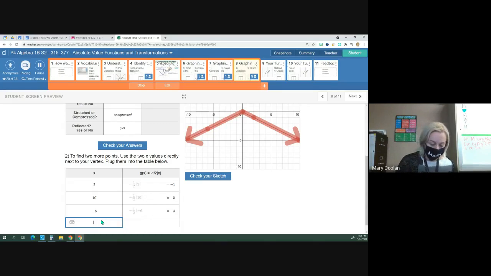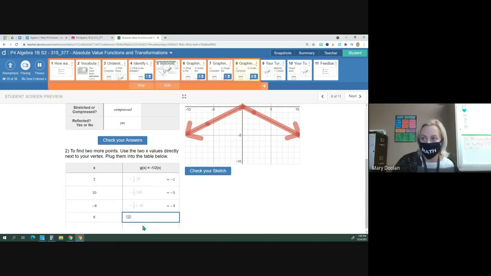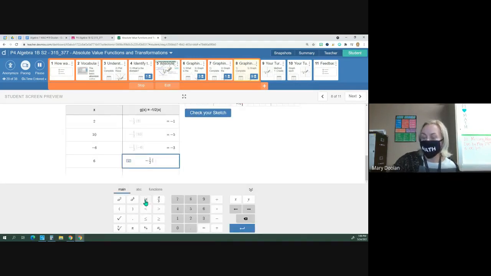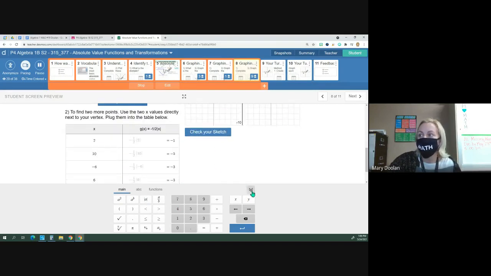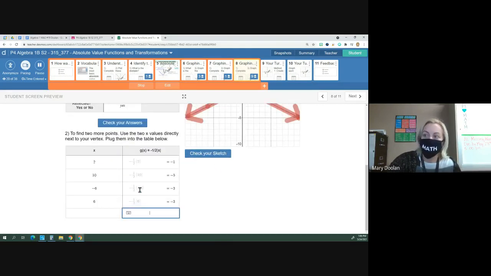Let's also put in 6, the one that I made a mistake on, and do negative 1/2 times the absolute value, and now I'll put 6 in. I get the same answer because the only difference in my calculations is I'm taking the absolute value of negative 6 or 6, but the absolute value of both those numbers is 6. So I'm multiplying by positive 6 each time, which gives me negative 3 twice.